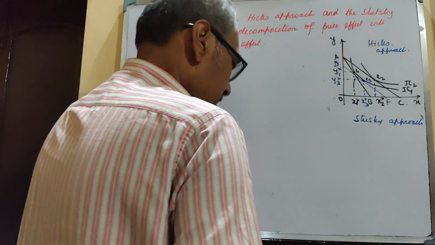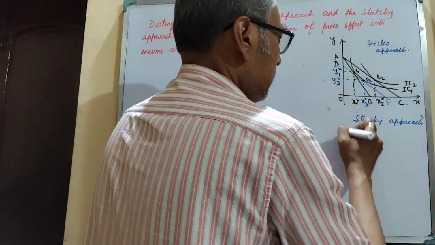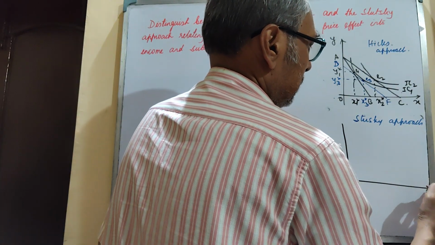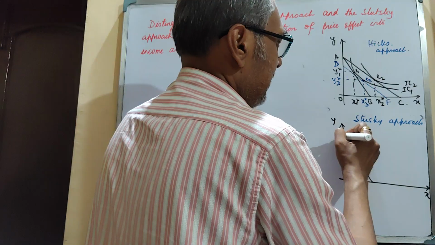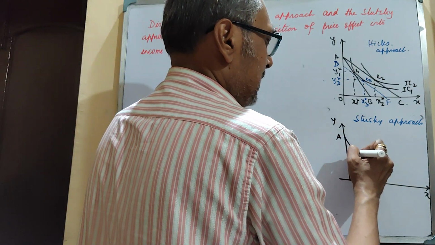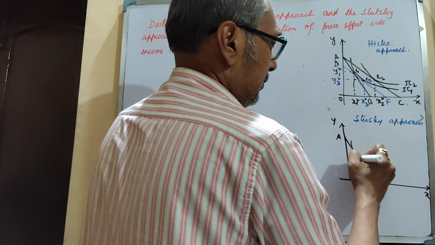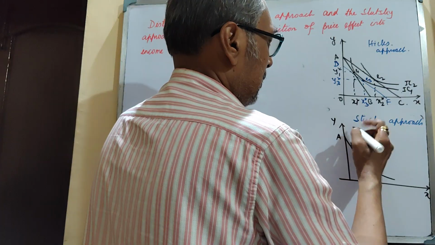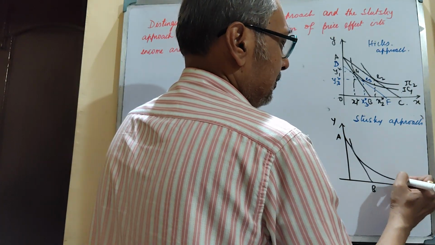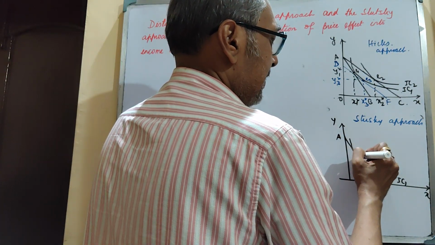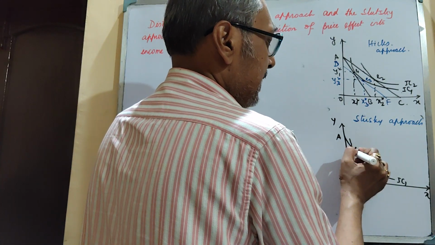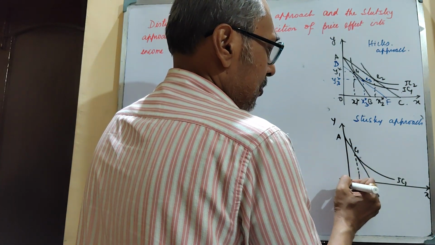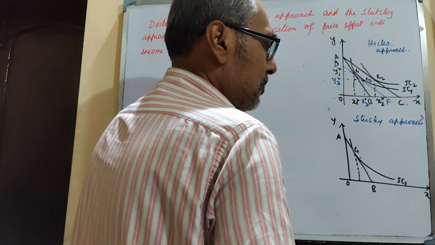Slutsky approach. XY, initial budget line, this is AB. This is IC1, E1 is the initial equilibrium point.